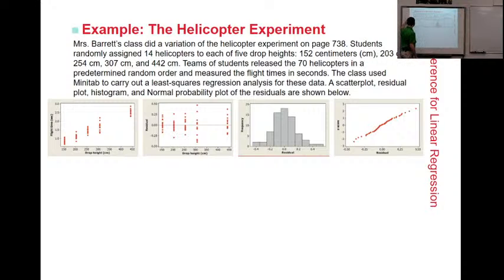This one is the scatter plot. This is the residual plot. This is a histogram. Hopefully I don't have to label this. That's a normal probability plot. All right.